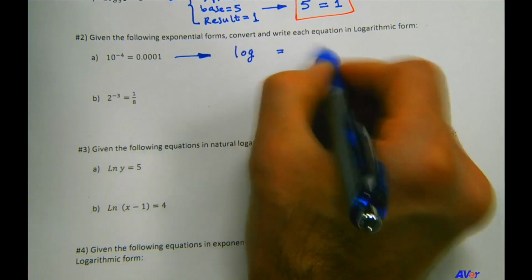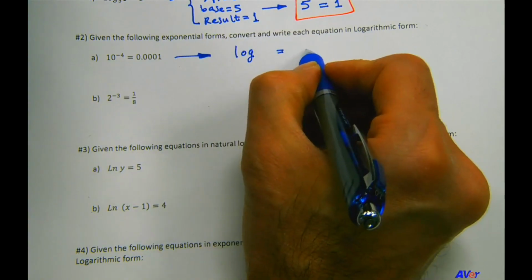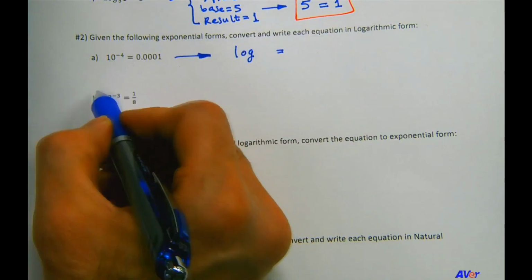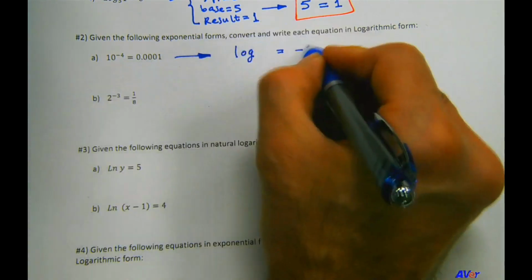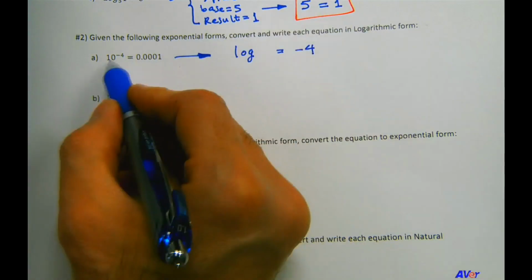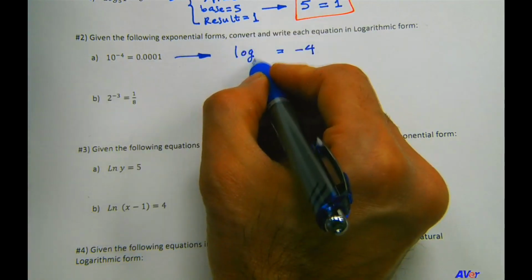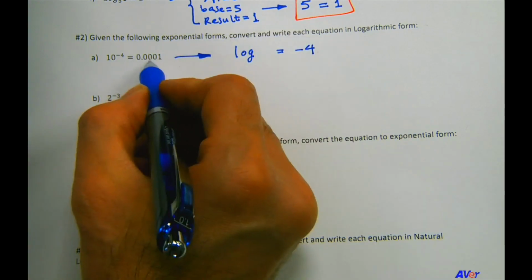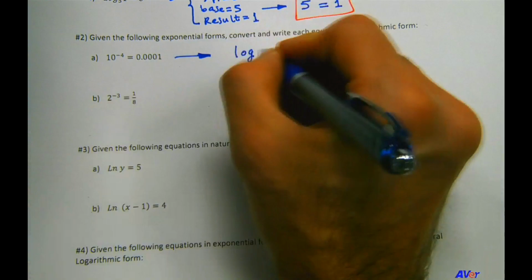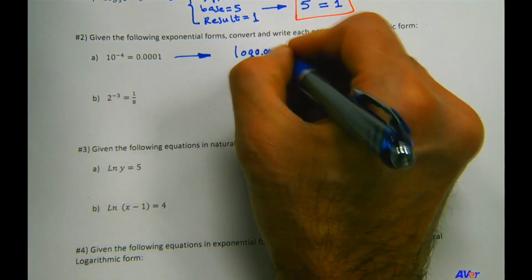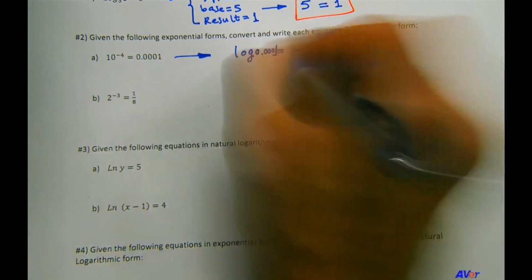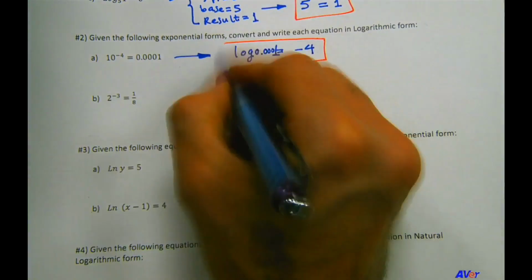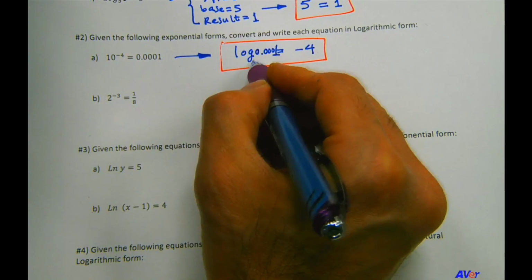So whatever I write on this side, it's going to have to be the exponent of this expression. What is the exponent of this expression? -4. The base is 10, so I don't have to write it. I'm going to leave it blank. And what is the result? The result is 0.0001. Like that. Okay. Again, the base is left blank because it's 10.